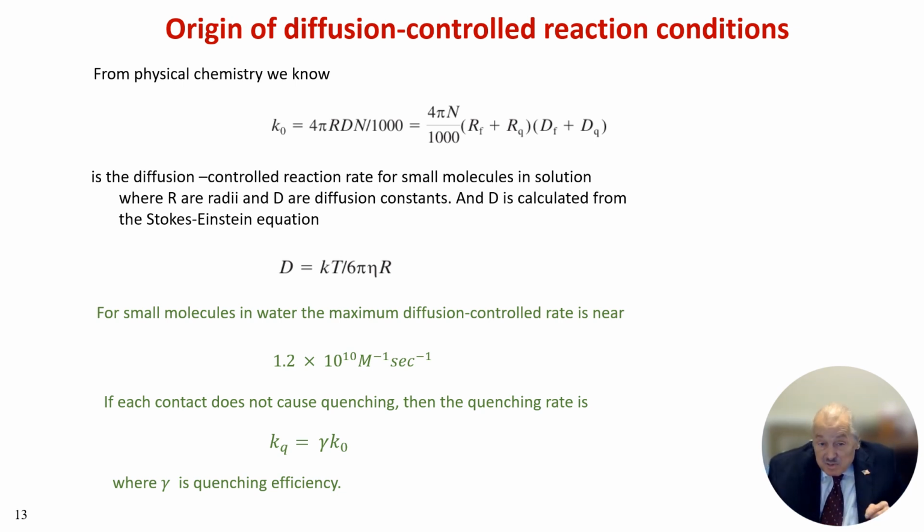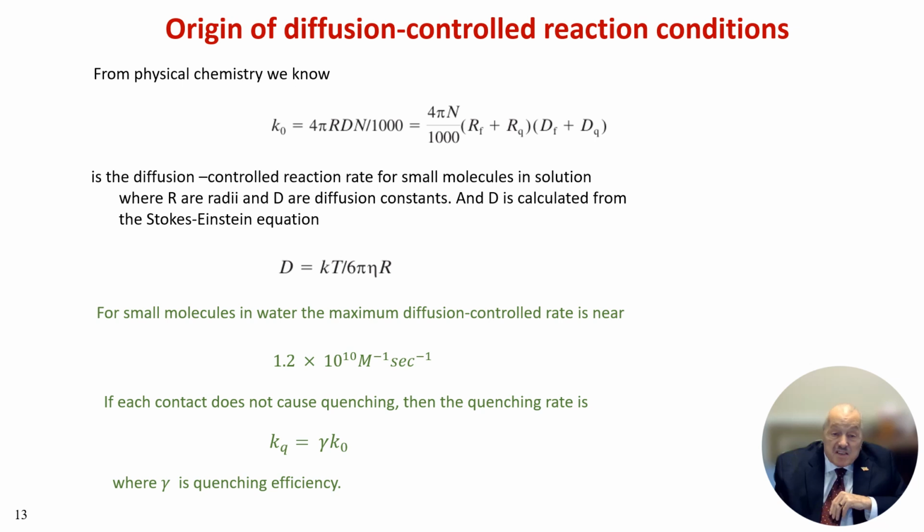And I know the units might seem a little confusing for the moment, but you'll see they cancel out in further calculations. The maximum value that is possible for diffusion-controlled reactions in water is 1 times 10 to the 10th reciprocal molar reciprocal seconds.